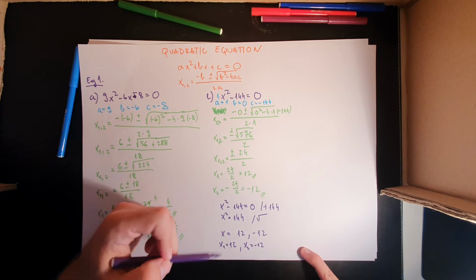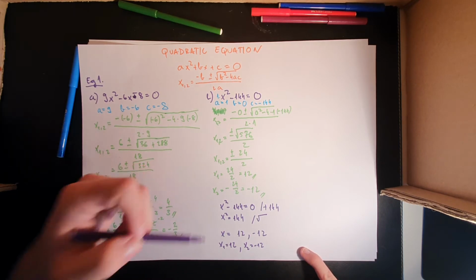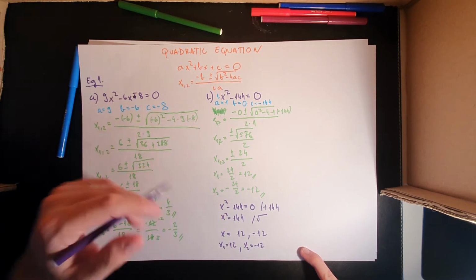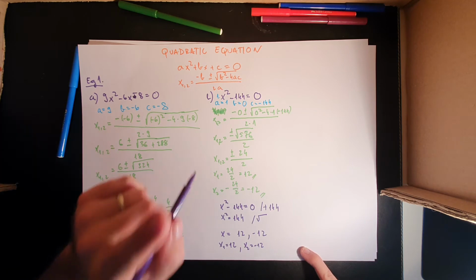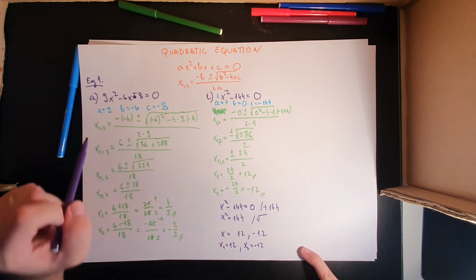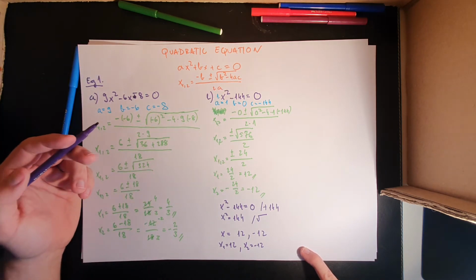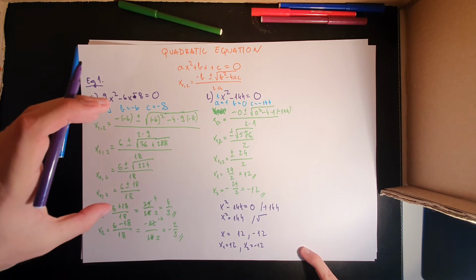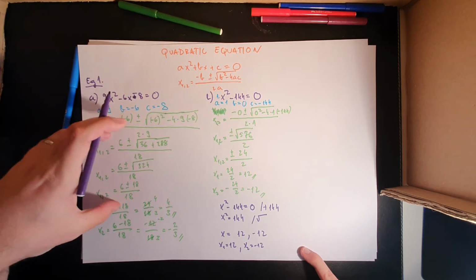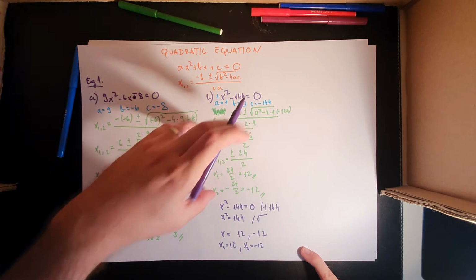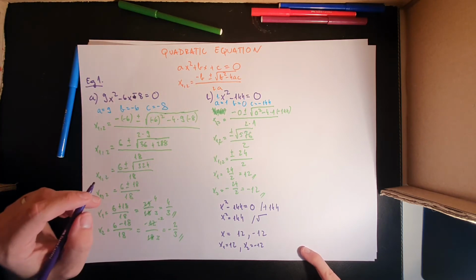And this is another method with which you can solve the given equation. Now, this is only for this type of equation, meanwhile the general method works for both of these, no issues and no problems.